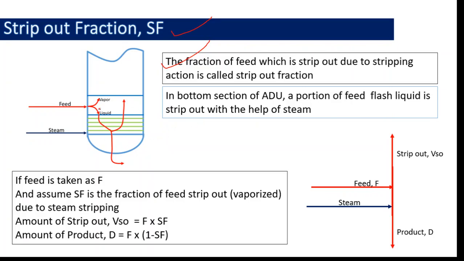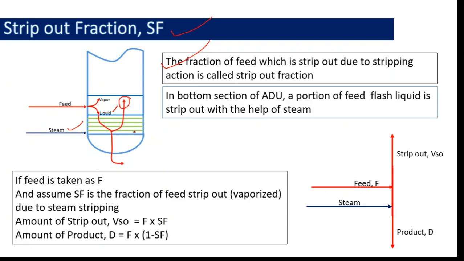When the liquid of the feed comes into the bottom section, because of the steam stripping, a portion is stripped out. This is called the stripped out vapor.